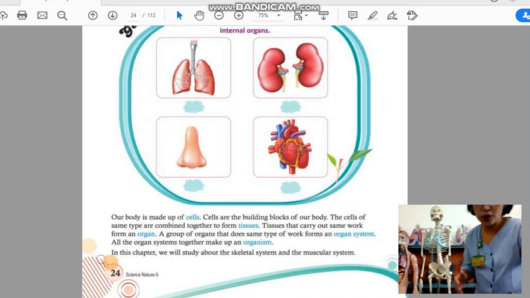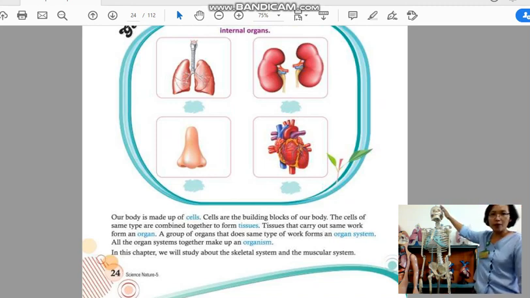Some bones are rigid and cannot move, while other bones are flexible and join together and move. For example, the bones of the skull cannot move.